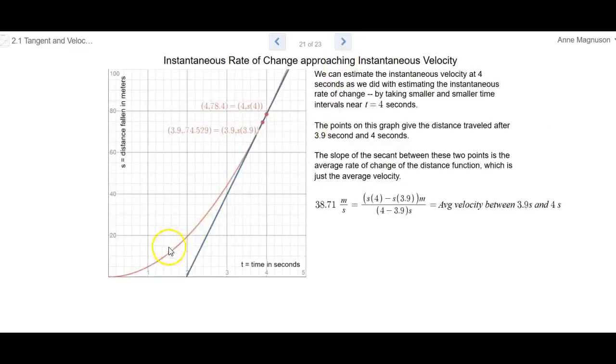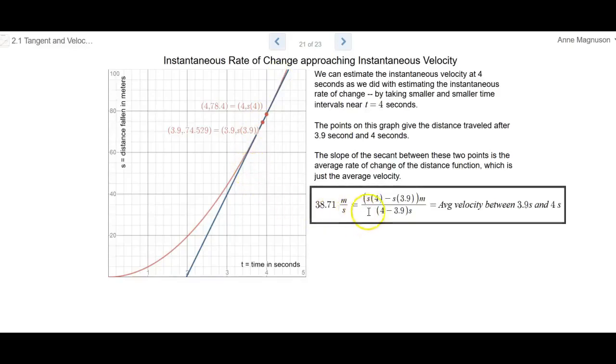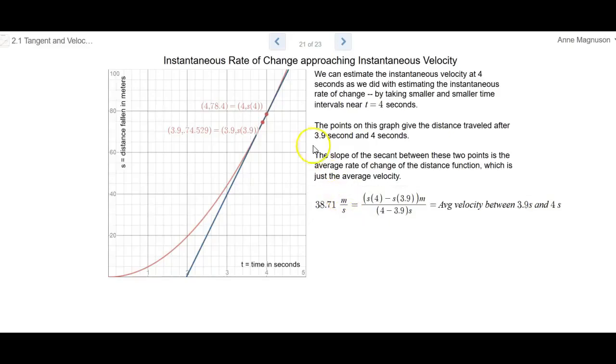Like we did before, we're going to be moving a point closer and closer to a certain point in time. So here we've gone from 1 to 4 to 3.9 to 4. Doing the same thing, figuring the average velocity, which is just the average rate of change of a distance or position function, with t equals 4 and t equals 3.9, I see the average velocity between these two values that are closer together, so I have a smaller time interval, is 38.71 meters per second.